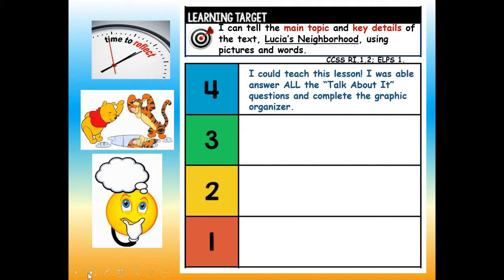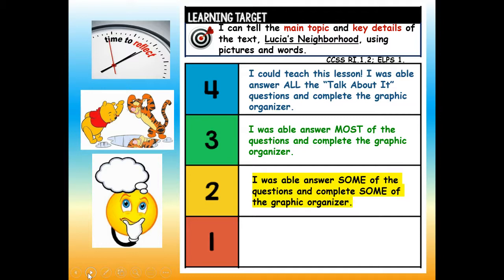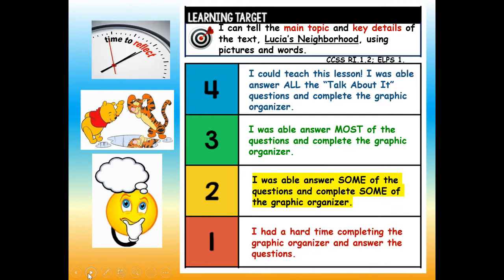I was able to answer all the talk about it questions and complete the graphic organizer. 3, I was able to answer most of the questions and complete the graphic organizer, or say it out loud. 2, I was able to answer some of the questions and complete some of the graphic organizer. Or 1, I had a hard time completing the graphic organizer or saying things about the text and answering the questions.